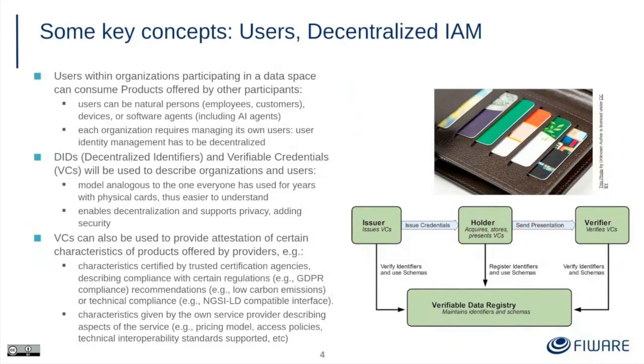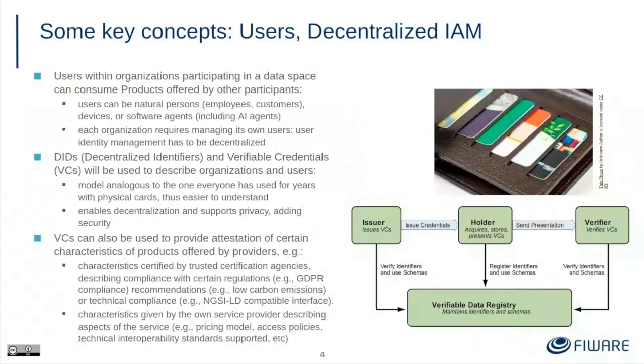Since we want our participants to have full sovereignty over their users and their services, we need something more advanced than the existing identity and access management systems, where you register your users at the data provider side, and then they get access. We want something where the user is still under the control of its own organization. Therefore, we are using decentralized identity and access management.